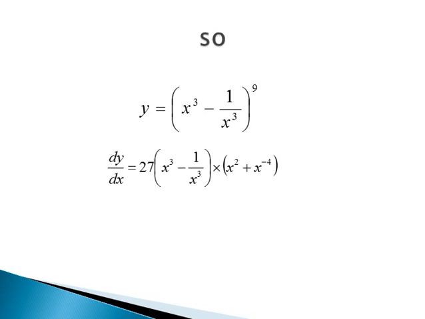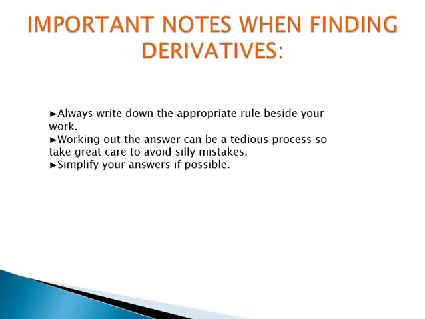So y equals ((x cubed minus 1) over x cubed) all to the power of 9. Therefore dy/dx equals 27 multiplied by ((x cubed minus 1) over x cubed) multiplied by (x squared plus x to the power of minus 4).